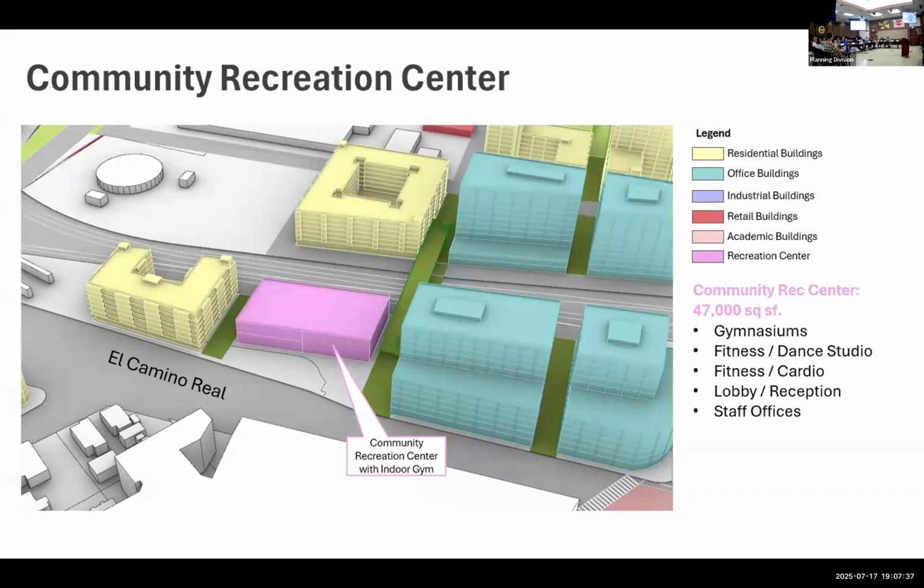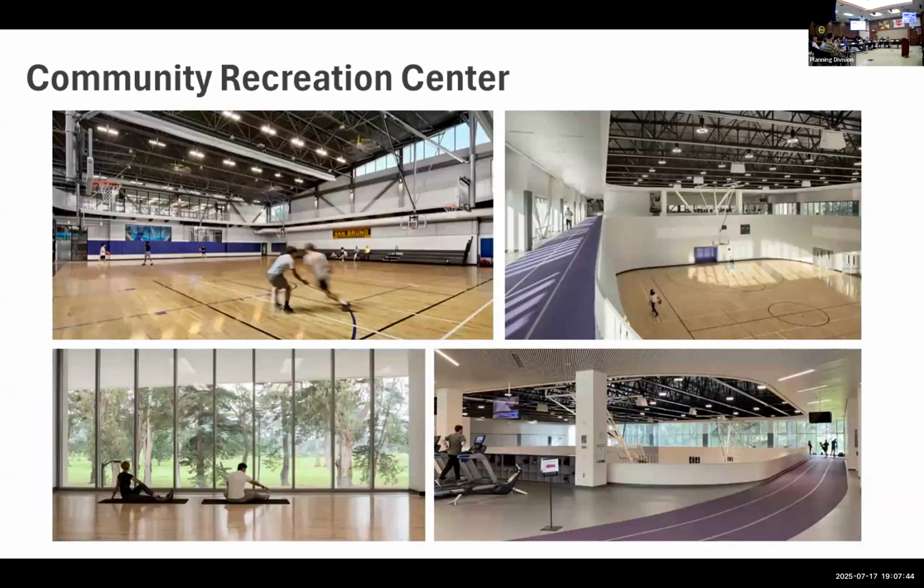Taking all of that and putting it in this building, we're looking at creating spaces something like this, with a gym space, maybe a suspended indoor walking track that goes with it, and other flex use spaces. So that is what the recreation center that we showed you is modeled after.